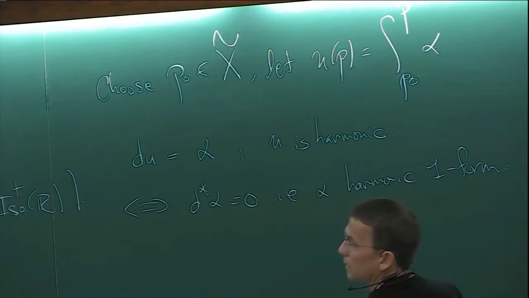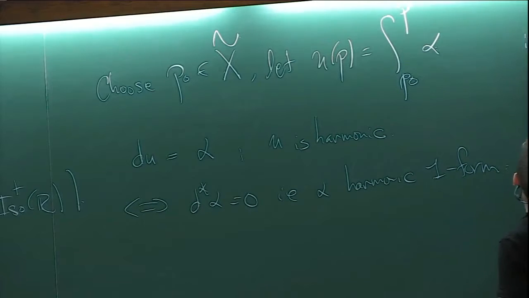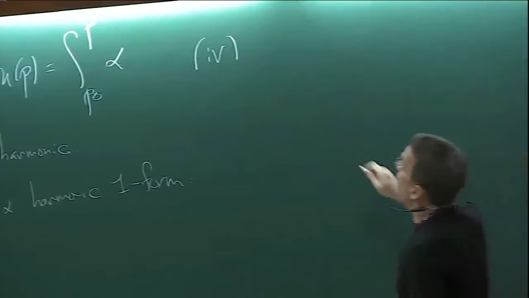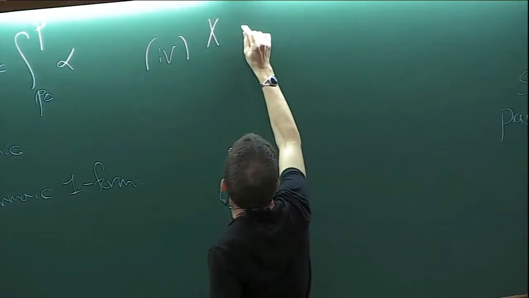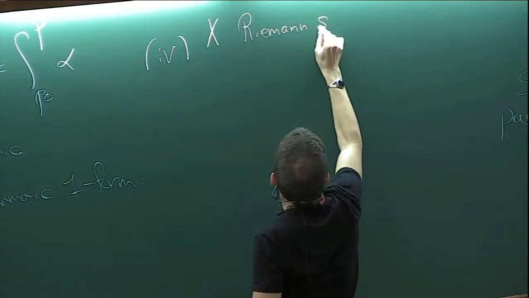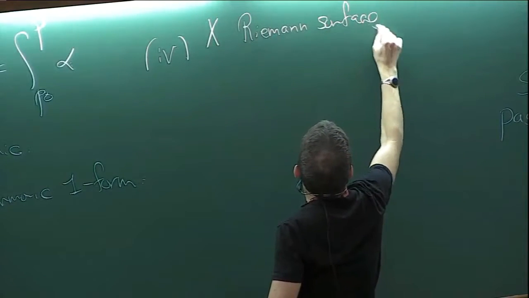And then the last example is when the domain X is a Riemann surface. So here, let me point out something, and this is what Indrano was foreshadowing, I think: in this case, the energy is actually conformally invariant.